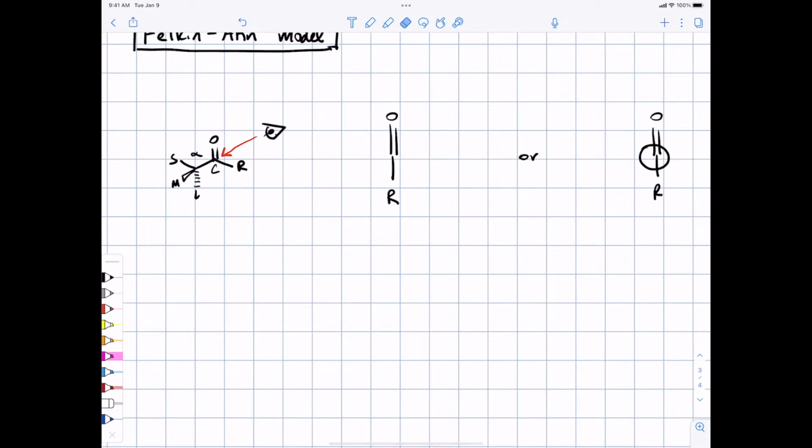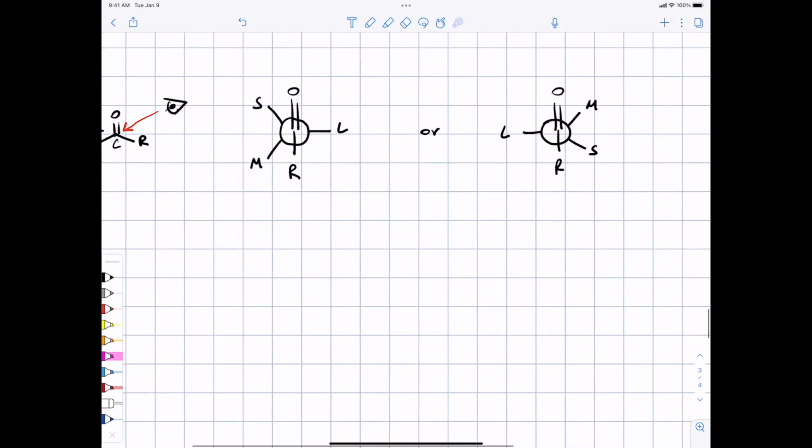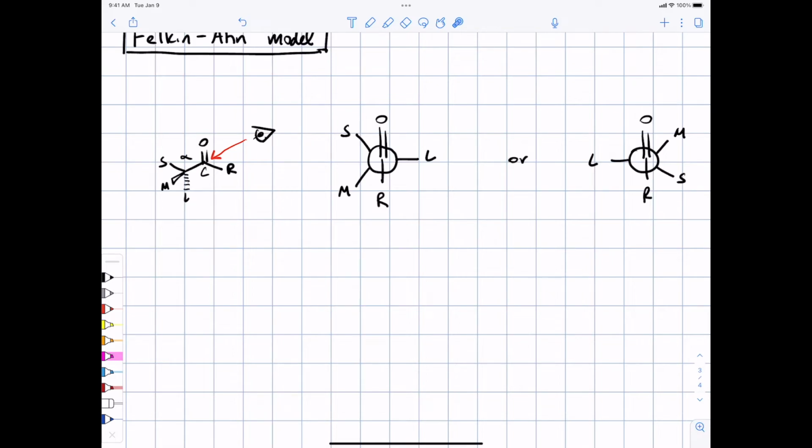The large group would be on my right, and the medium group here, right? Okay. So I can draw one of two possible structures. We can draw the large group here, in which case medium and small. Or we can draw the large group here, small and medium.